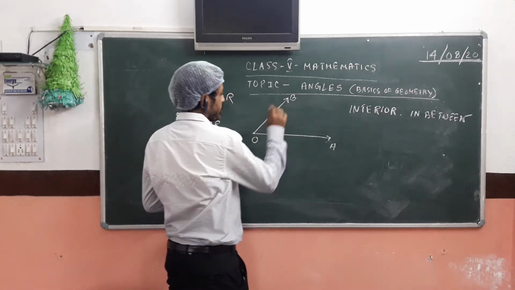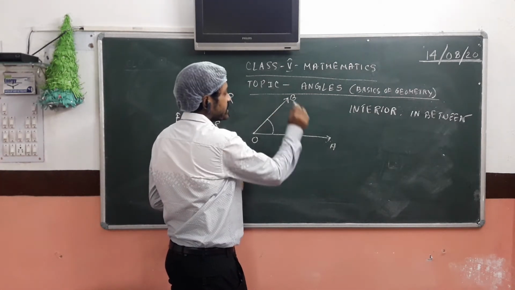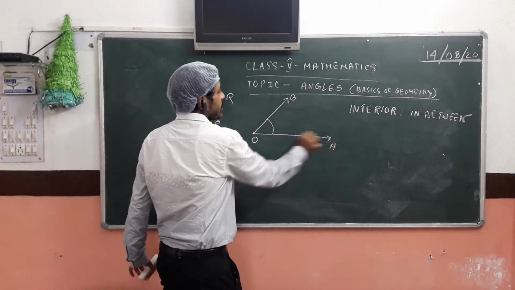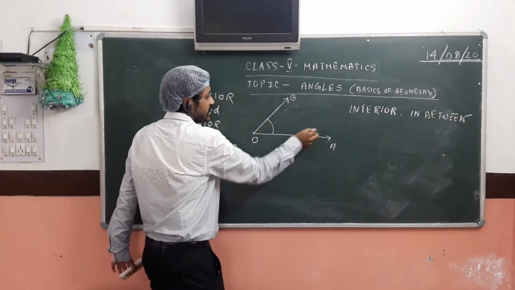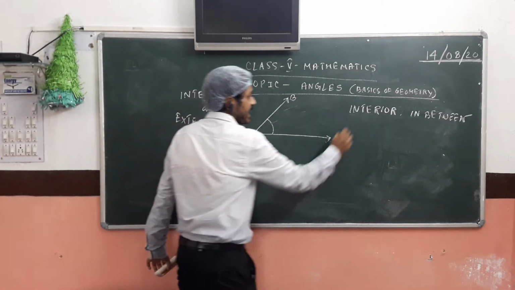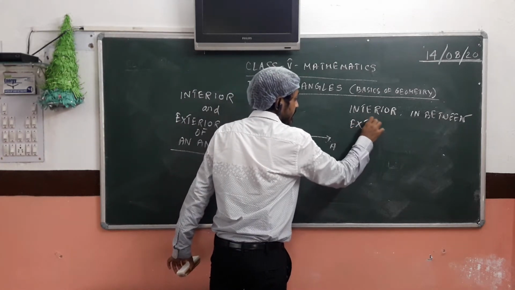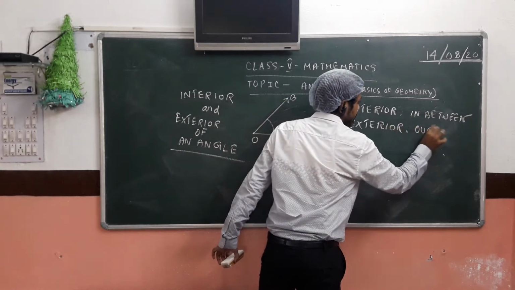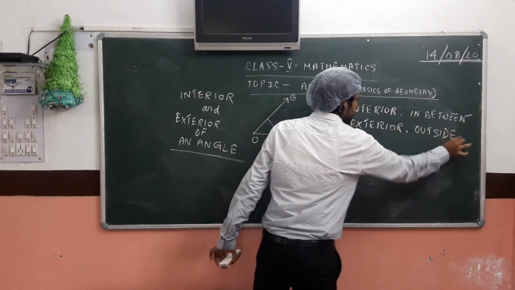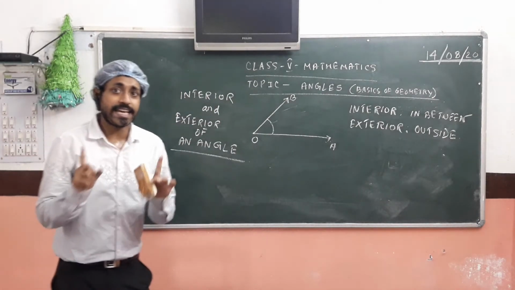Whichever region or points are present within these rays is called the interior. For example, this region will be the interior region, and exterior means outside. Anything that is present outside the angle is called the exterior region.